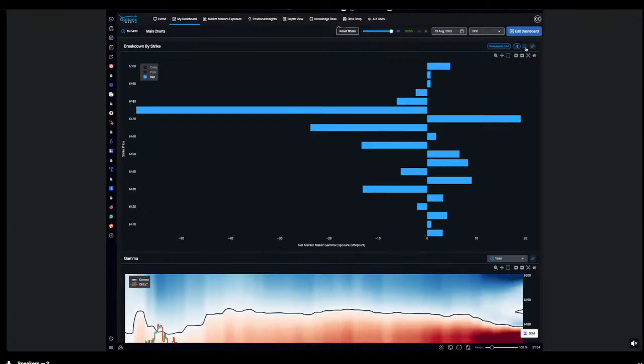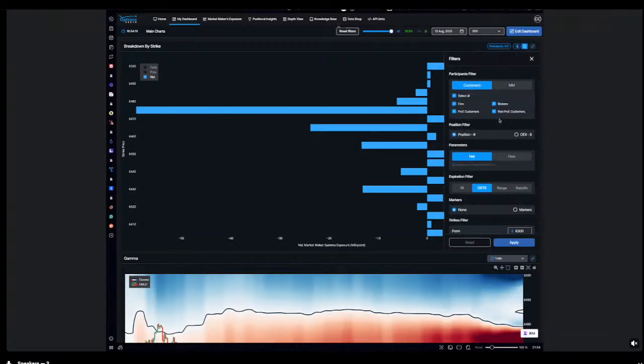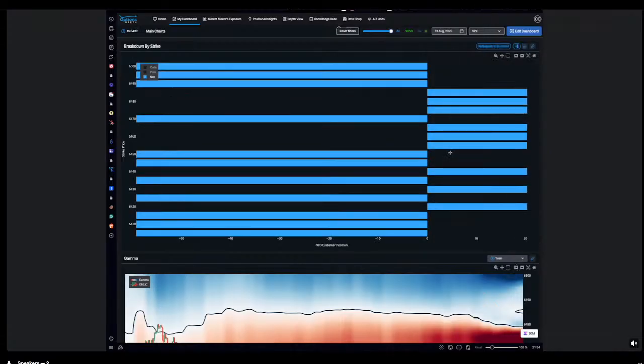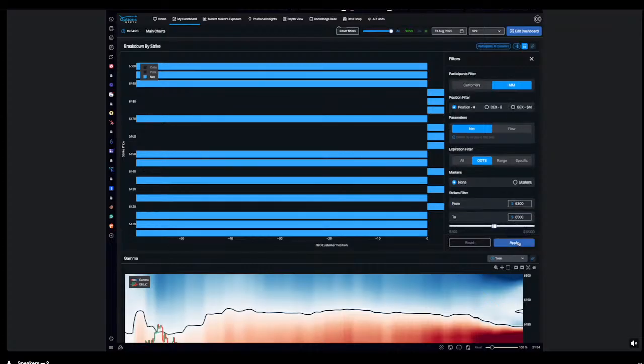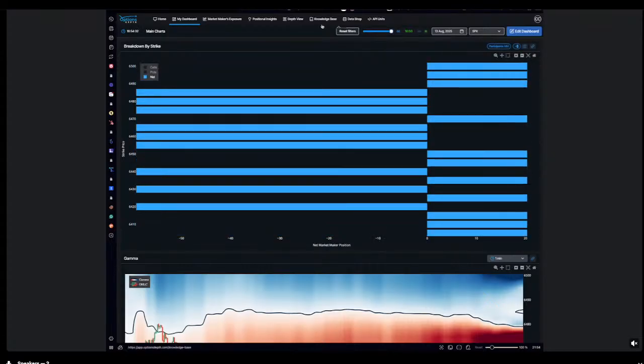If you change this to customer view instead of market maker view, you will see effectively the opposite. And this is reset because it's the end of the day. But you can see it from firm, professional customers, non-professional customers, and brokers. You may as well take non-professional customers off because they're basically retail and their opinion means nothing.